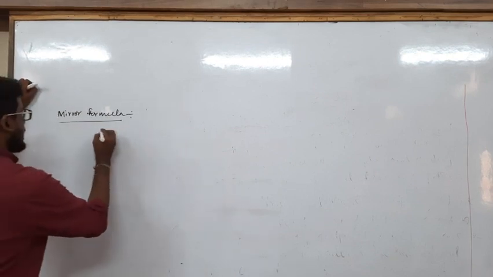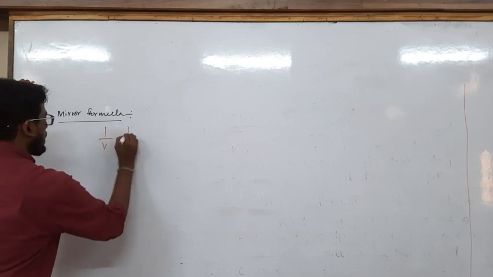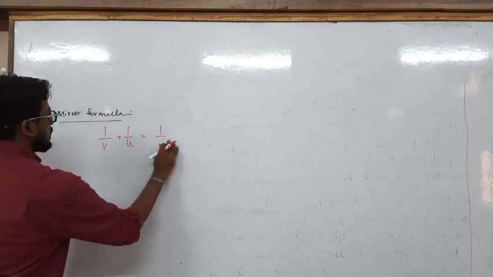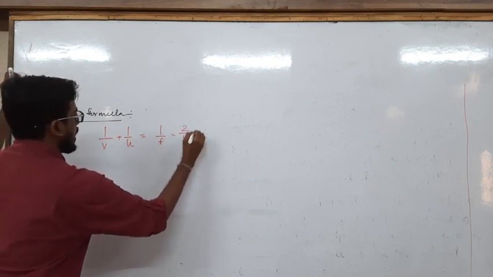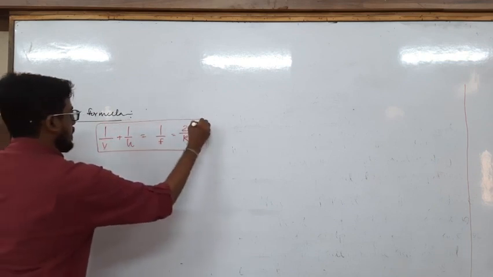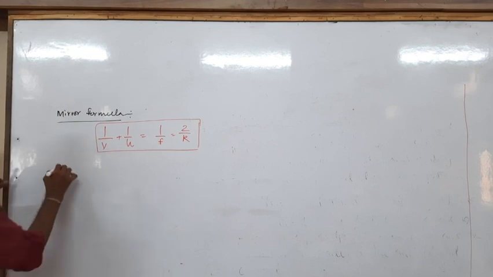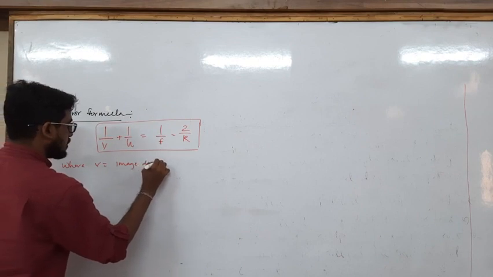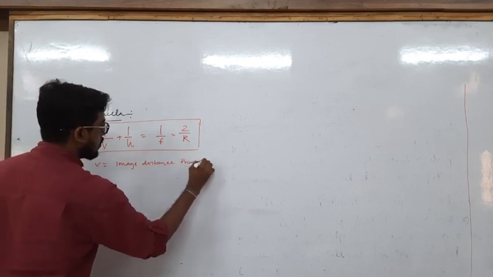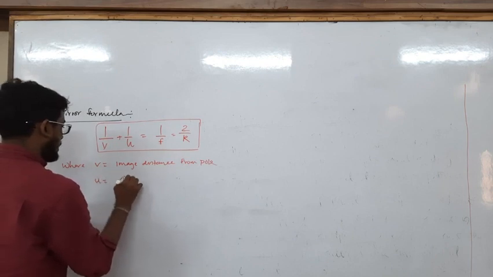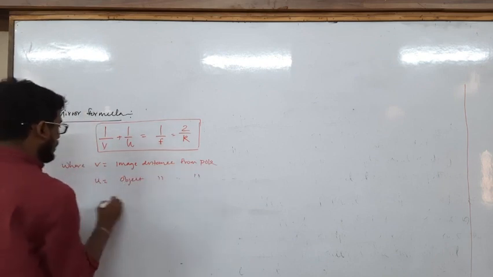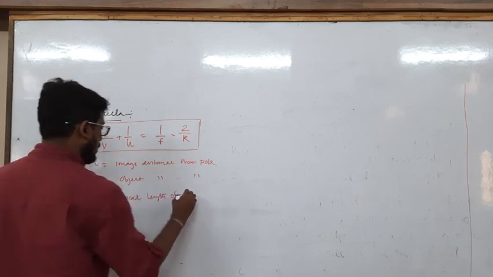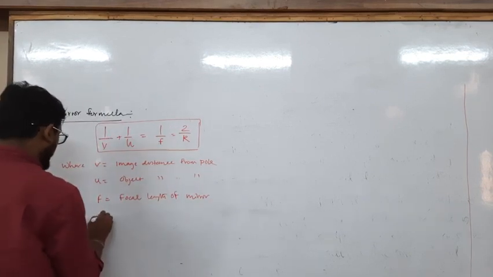So the mirror formula is described as 1/v + 1/u = 1/f, or this can be written as 2/R. Okay, so this is known as the mirror formula, where v equals the image distance from pole, u equals the object distance from pole, f equals the focal length of the mirror, and R equals the radius of curvature.